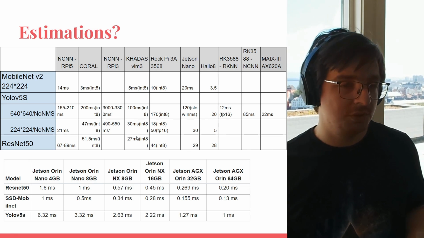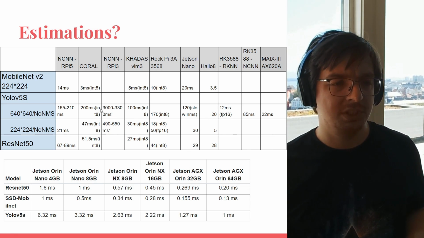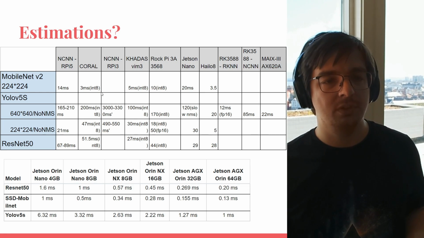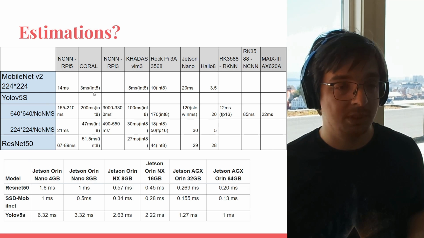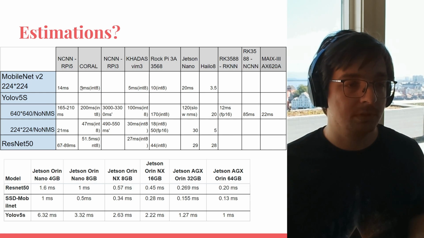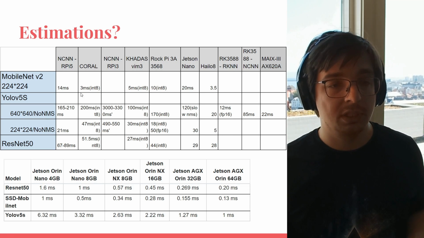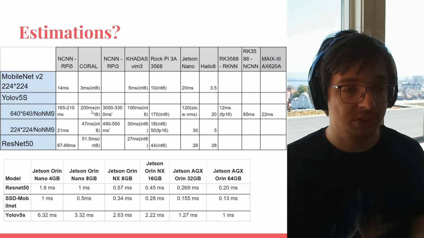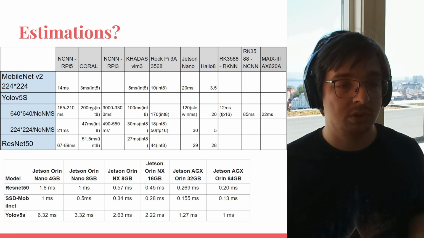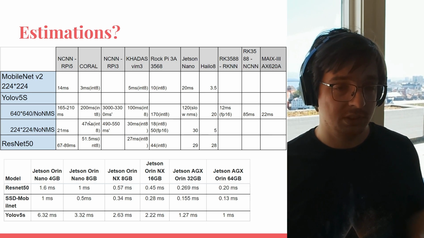And as you can see, why did I put all these tables here? It's because of a few interesting points. For example, you can see that the difference in speed for some NPUs can be completely different for different models. For example, MobileNet on Coral can run within 3 milliseconds, and YOLO v5s on the same Coral is 200 milliseconds.